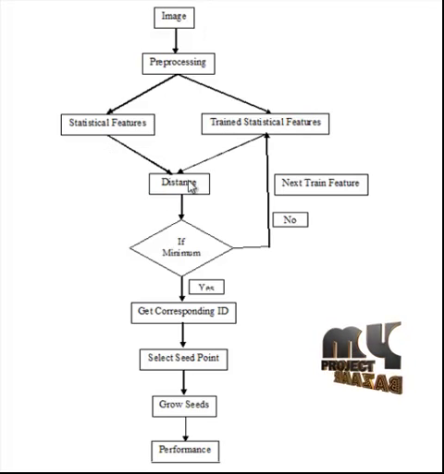After that, the distance between the test image features and the trained features is calculated. If the distance is minimum, then the shape corresponding to that particular ID is obtained. Else, the distance is compared with the next trained features. This process goes on in iteration.